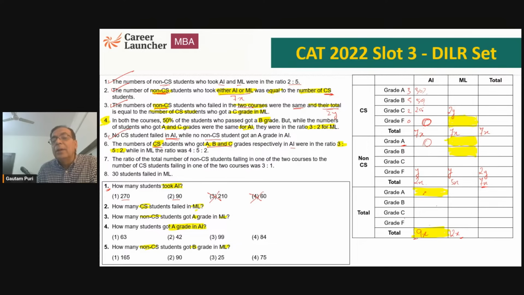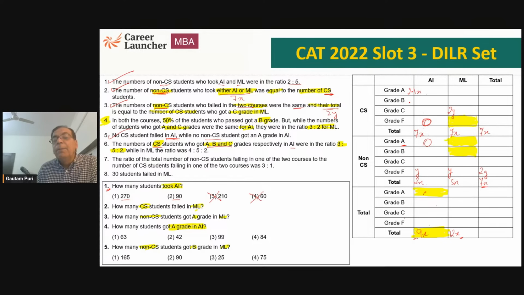This is 20%. So out of these 7x, 30%, 3 out of 10, 30% of 7x will be 2.1x. This should be 2.1x. Right?